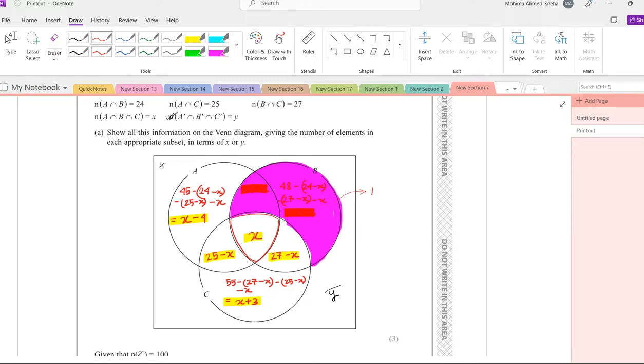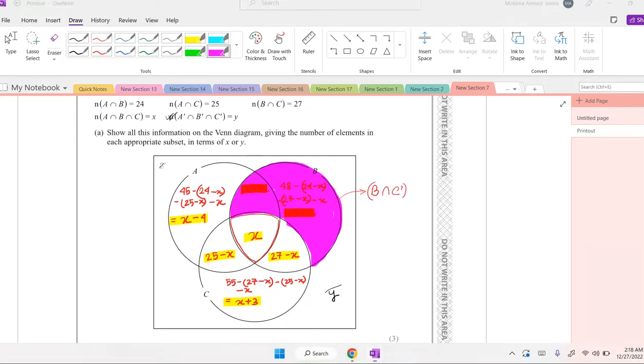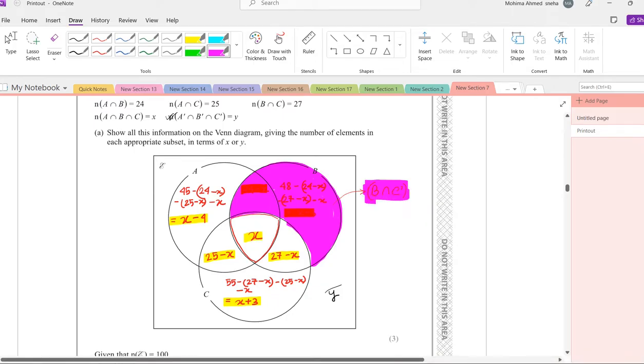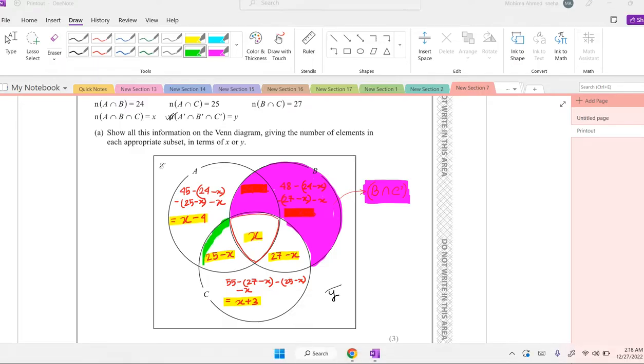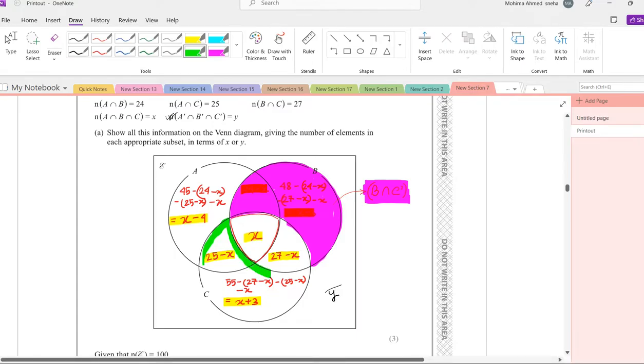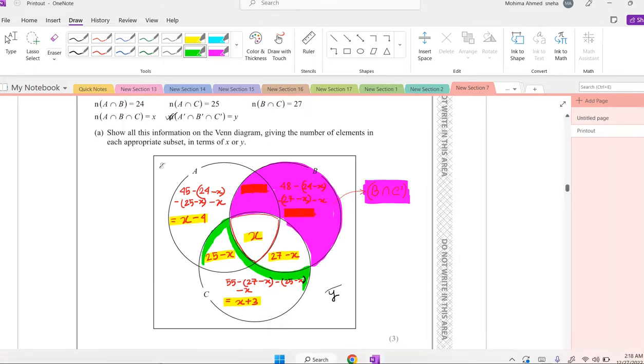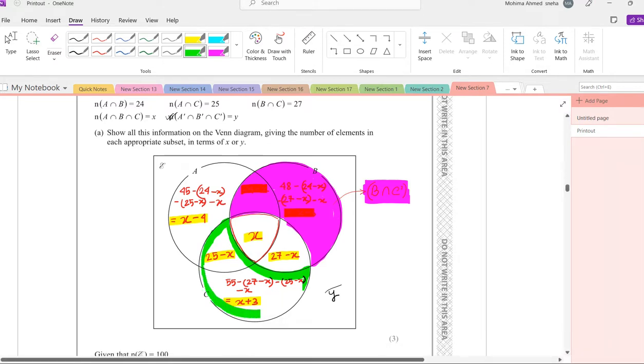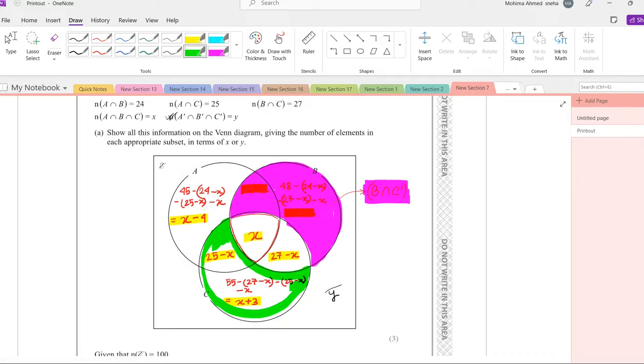So we're going to just write it as B intersect C prime, and we also had a set called B prime intersect C. Now B prime intersect C indicates this portion of the set. Now everything that falls between these two colored regions are elements under the specified sets, that is basically B intersect C prime and B prime intersect C.